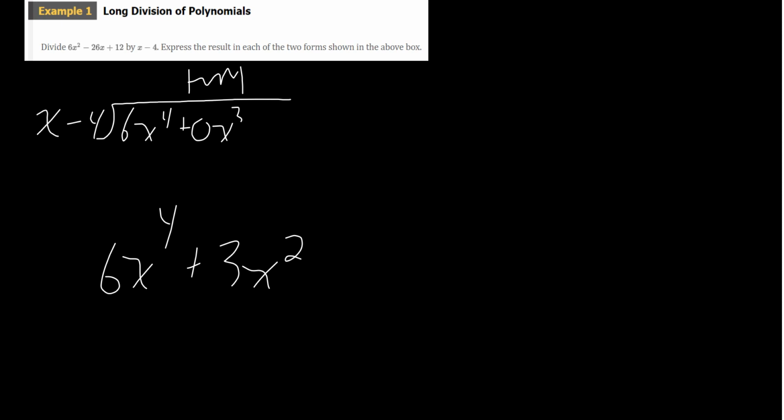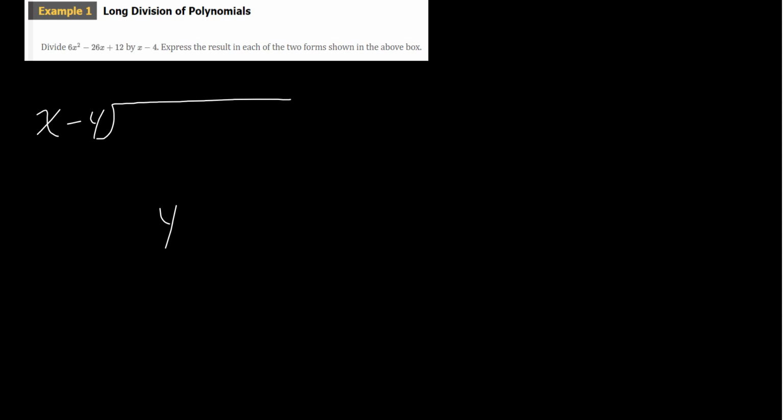I'm pretty sure we'll have an opportunity to see that in this section, but just in case we don't. This polynomial is written nice and neat, so it is 6x squared.